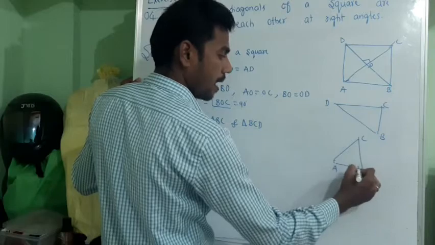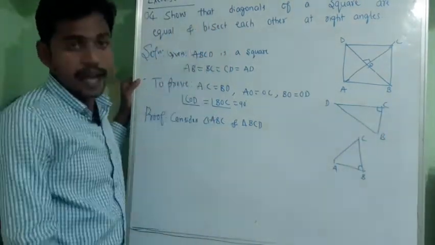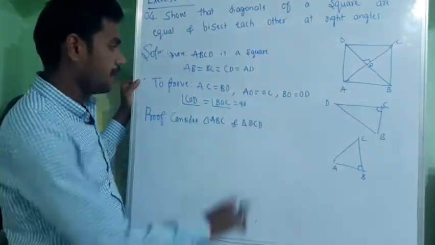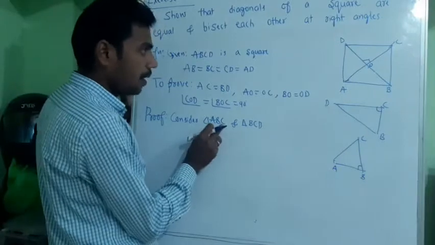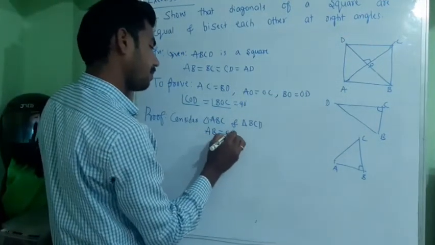Angle B will be equal to angle C because both are equal to 90 degrees. All the angles of a square will be equal to 90 degrees. And AB is equal to CD, sides of a square are equal, it is given.